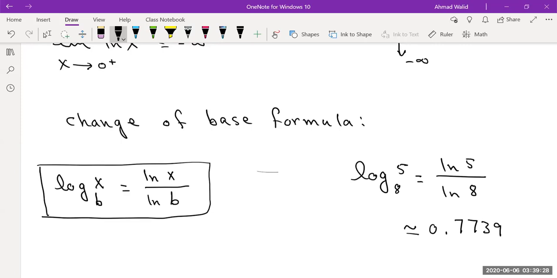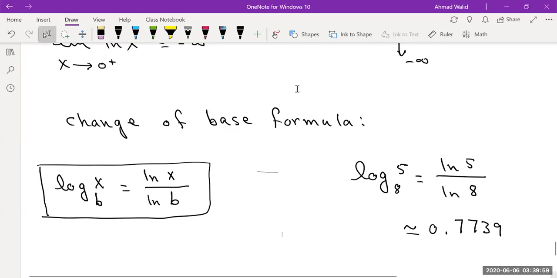This was all about 6.3. 6.3 is not focusing on derivatives of logarithmic functions or ln functions. In 6.4, we will discuss those plus integrals. 6.3 was just a review of logarithmic rules, properties, and also a little bit about the limits of logarithmic functions.